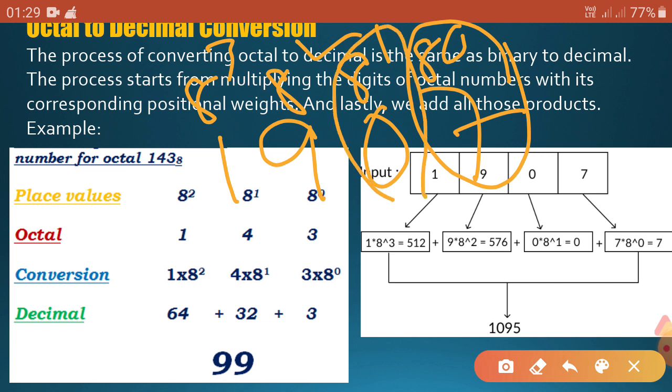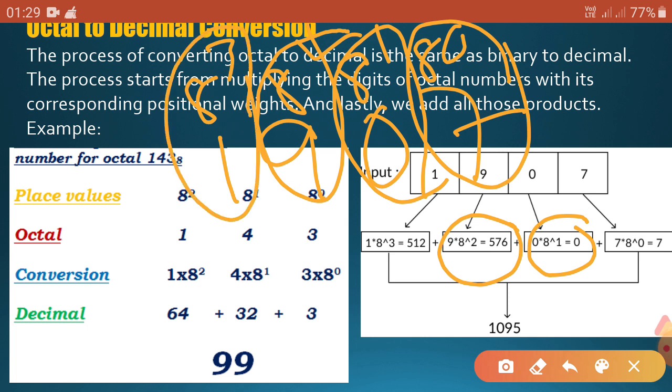0 into 8 to the power 1 gives us 0 here. Then 8 to the power 2 into 9 gives us 576, and then 8 to the power 3 into 1 gives us 512. Then we have to add 512, 576, 0 and 7.